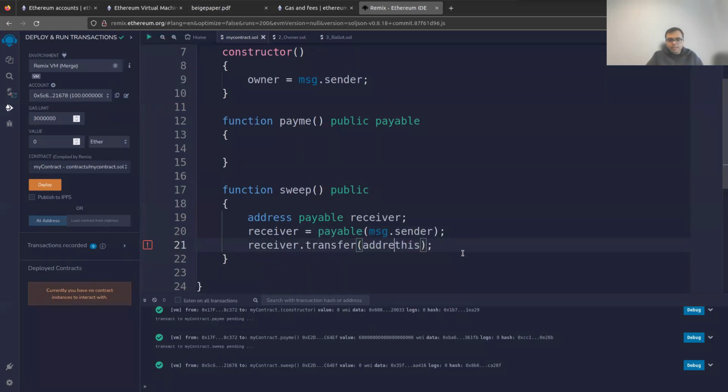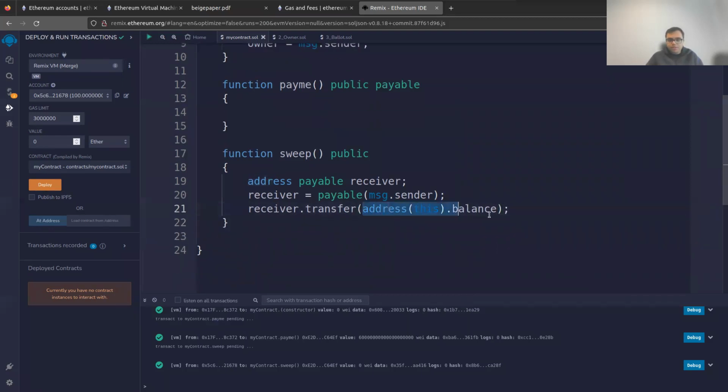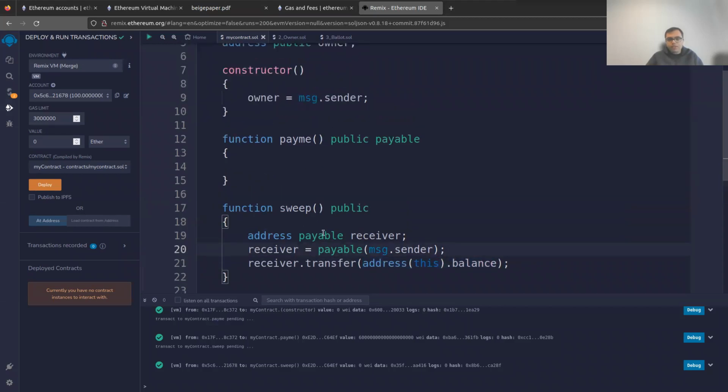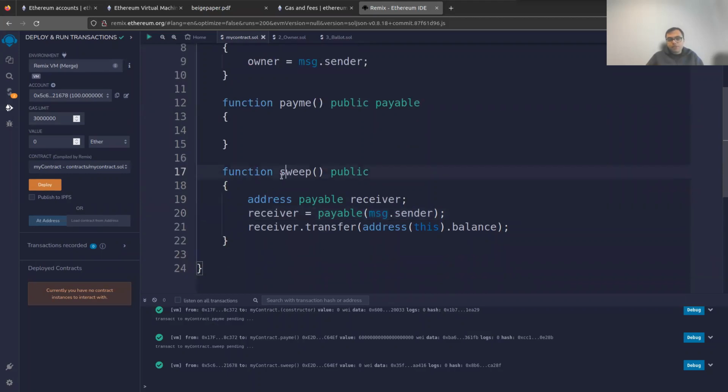So I say, take this, convert it to an address, and then take its balance. So this is going to give me the balance of the current contract. And so now what this function sweep does is that whoever calls this function takes all the money that belongs to the contract. So the contract will send all the money that belongs to it to whoever calls this function.